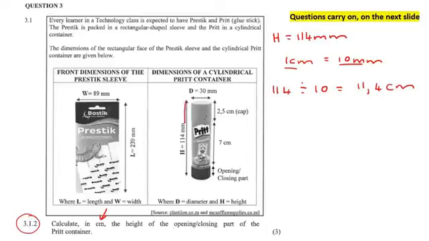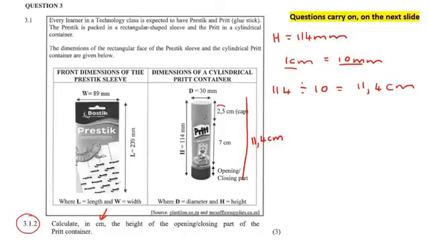If you look on this side, we can use that information to help us work out this part over here, because we know that this entire length from top to bottom is 11.4 centimeters, the same as on this side.